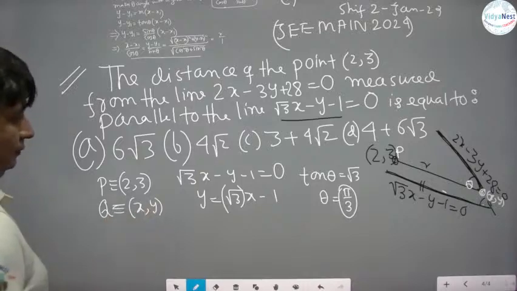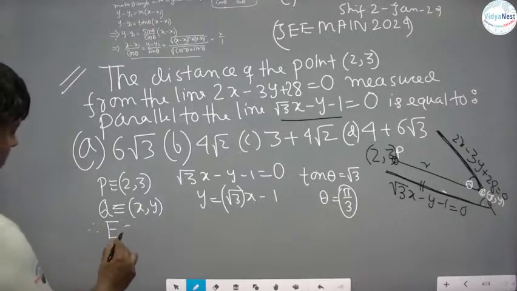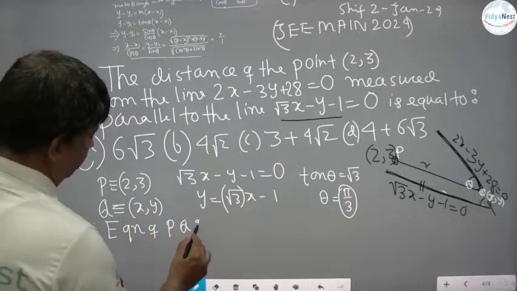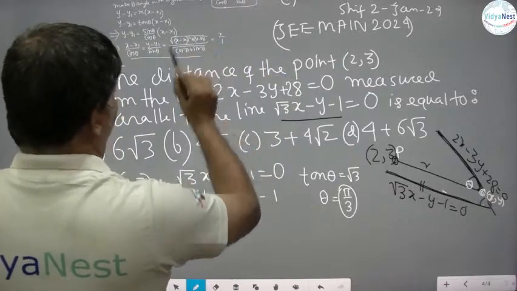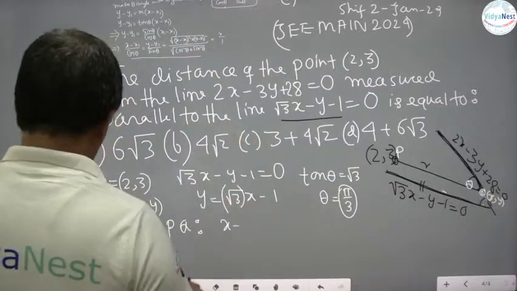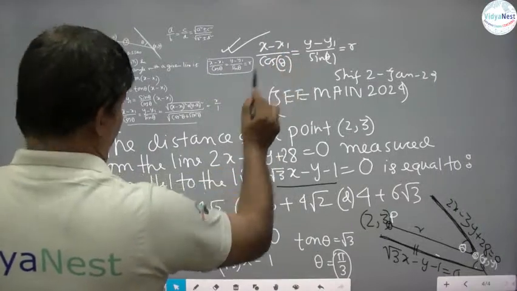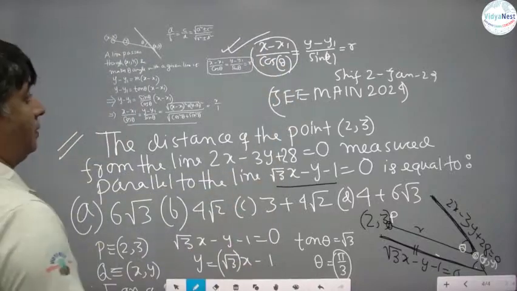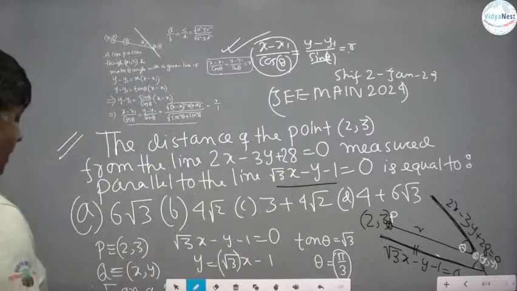So equation of PQ, x minus x1 by cos theta, y minus y1 by sin theta is equal to r.